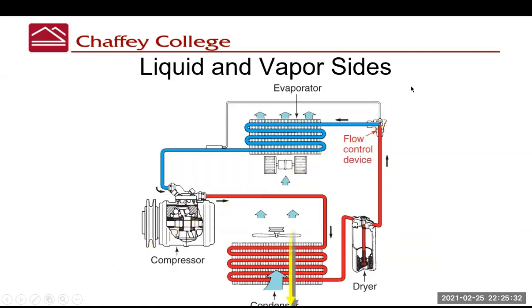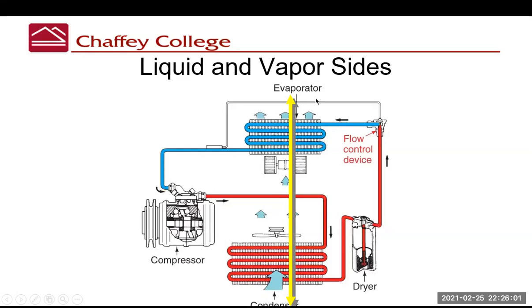There's another way to divide the system, and we can divide it in liquid and vapor sides. Remember the condenser, because it removes heat from the refrigerant, changes the refrigerant from a vapor to a liquid. So this would be a vapor side, this would be a liquid side. Go up to the evaporator, well, that liquid, because it's absorbing heat, changes into a vapor.